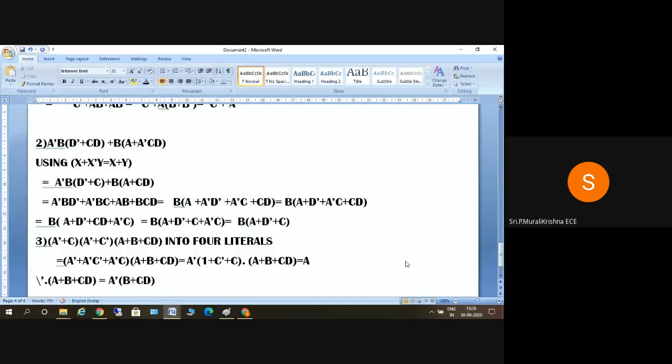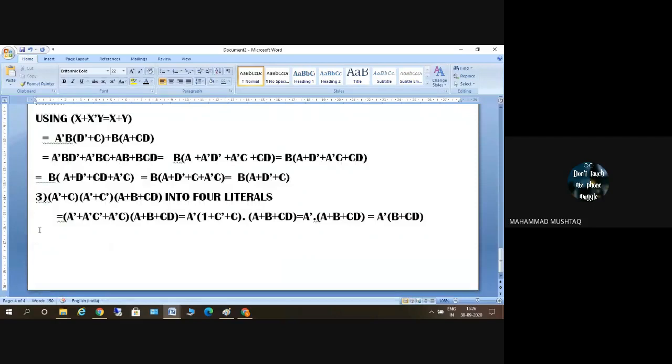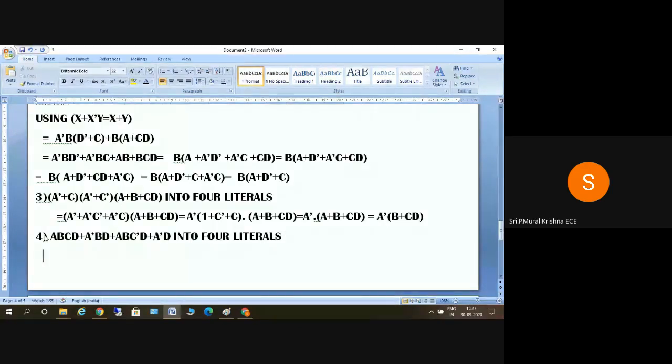Okay. Yeah, sir. Okay. And the fourth. So A B C D plus A bar B D plus A B C bar D plus A bar D. So into 4 literals. Okay, so simplify this into 4 literals here.